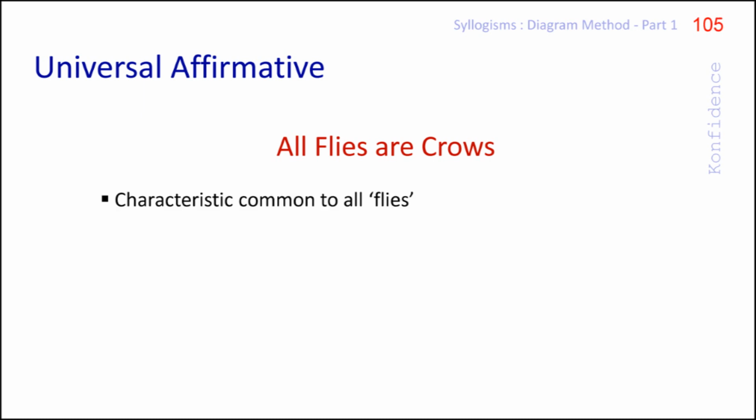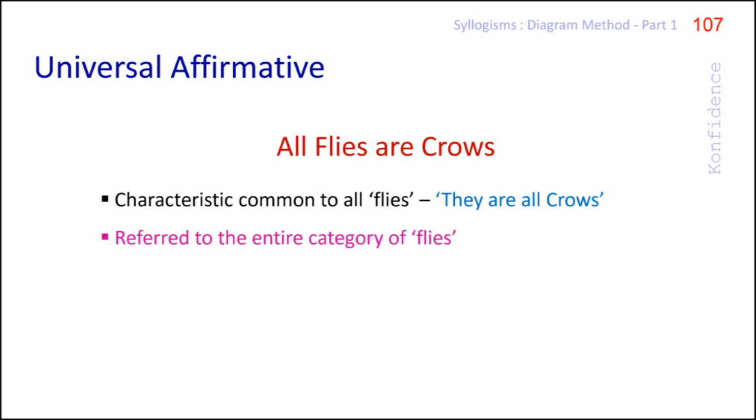Do we know a characteristic that is common to all flies? Yes, they are all crows. So, we say that we have referred to the entire category of flies in the statement, and so it is distributed. Are we referring to the entire category of crows here? Do we know a characteristic that is common to all crows?